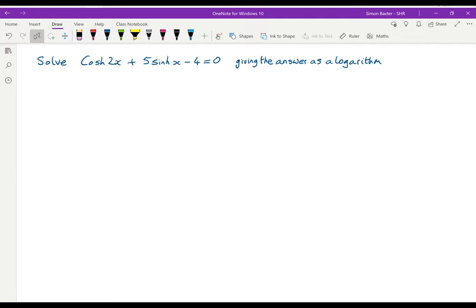We have another equation which looks fairly familiar. If it was cos 2x plus 5 sine x minus 4 equals 0, you would probably do that with a trig formula. We could try using exponentials.